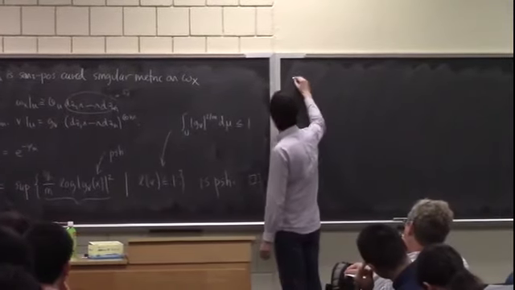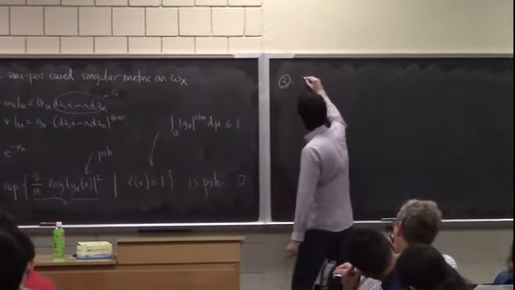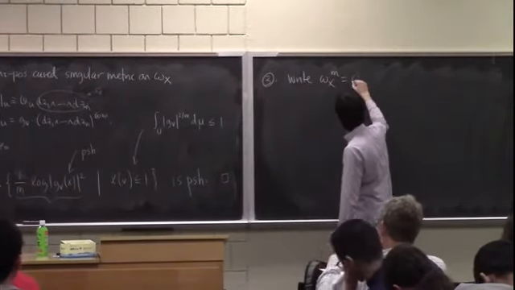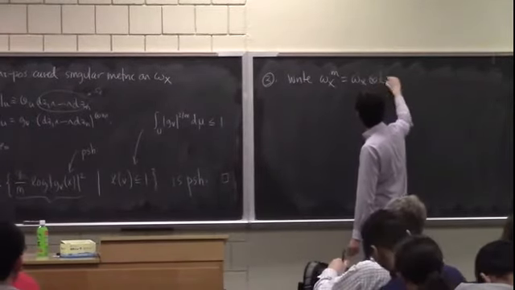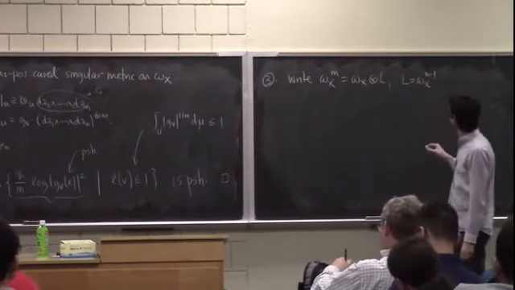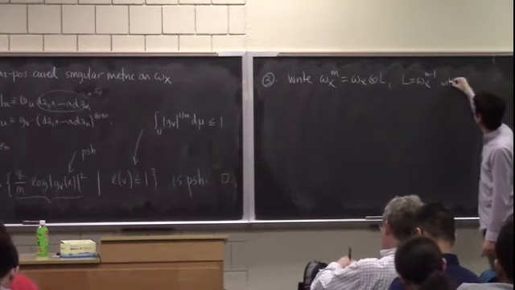Alright, so that's the second step, right? And now the third step is, now we write omega x to the m as omega x times L, where L is omega x to the m minus 1 with the induced metric.